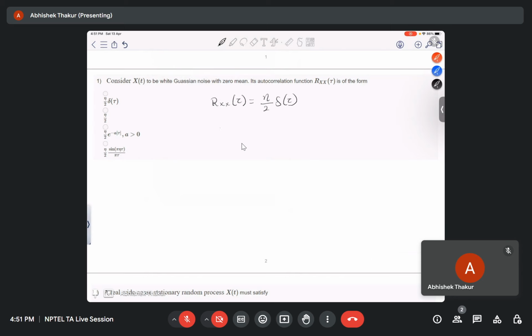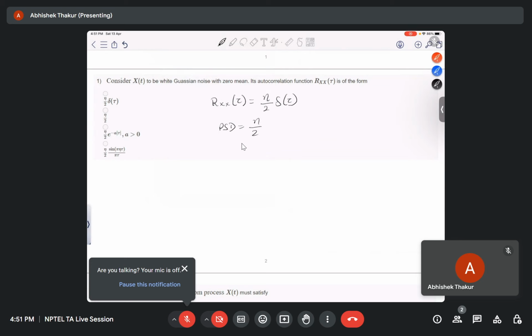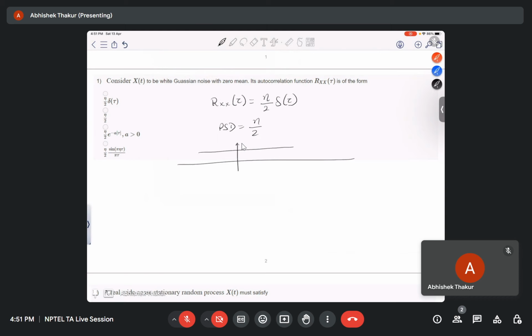And then the power spectral density will be eta by 2, so it will be constant like a line. So this is a constant power spectral density. Which is the correct option for this question? Option A.